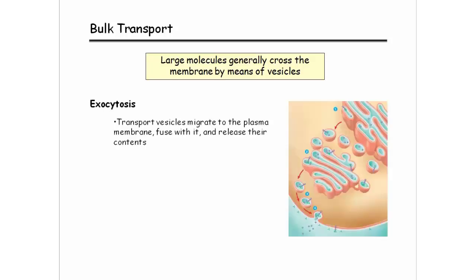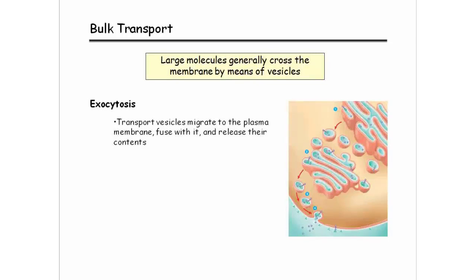So this is used in several different ways. It can be used to have things exit the cell, and this is called exocytosis. In this diagram, that's exactly what we see happening. We can have vesicles come from the ER, which contain materials inside. We could fuse those with the Golgi. We could pinch off the vesicles again, but in any case, we have a lot of things included in this little vesicle.